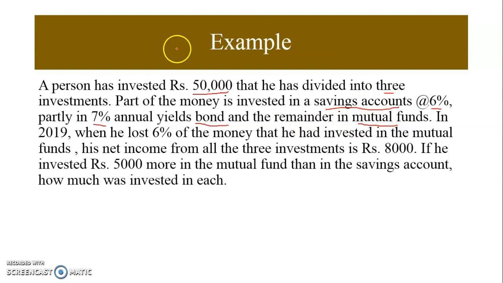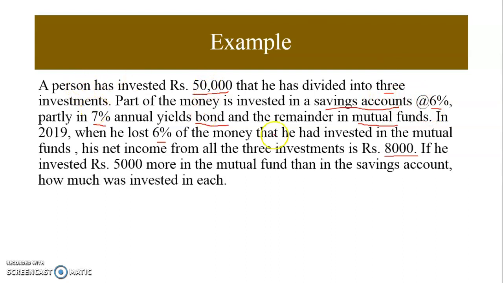Okay. So in 2019, he lost 6% of the money that he had invested in the mutual funds, and his net income from all the three investments is 8,000. So it means 8,000 is the total income. In the initial phase, that person knew in advance that the savings account would give him 6% rate of interest and bonds 7%.